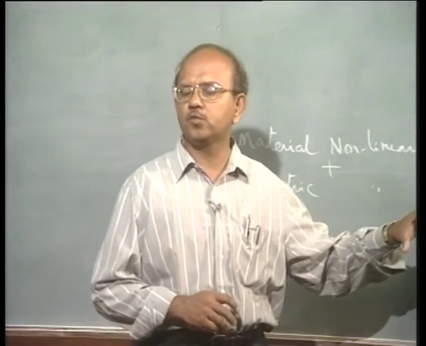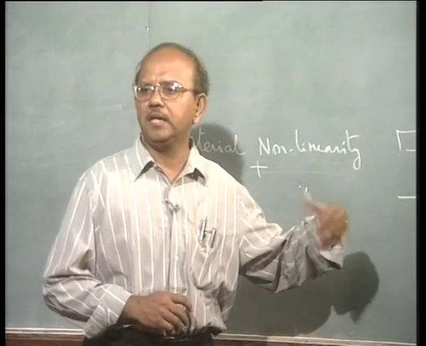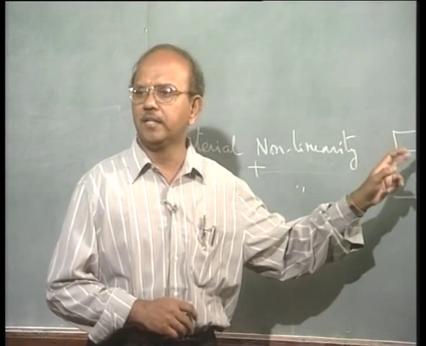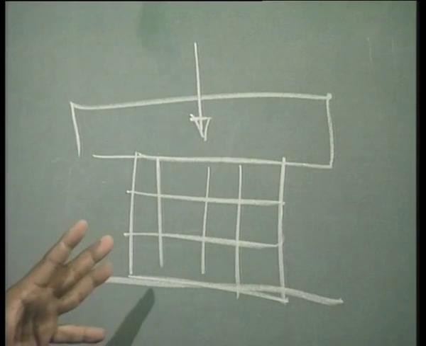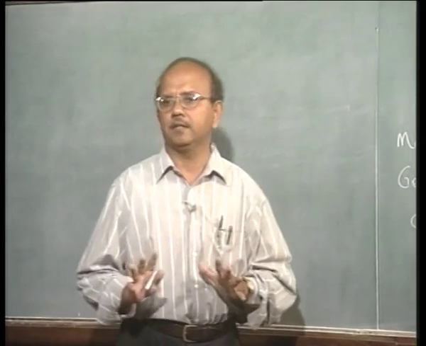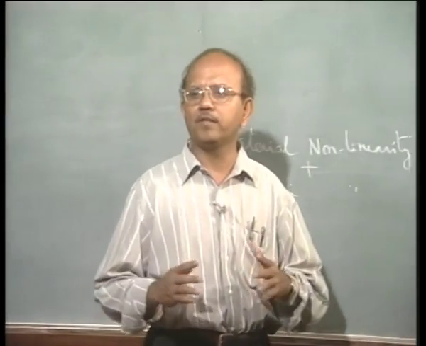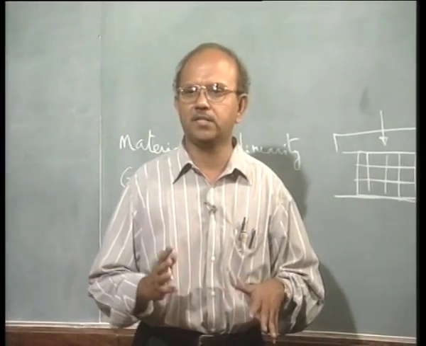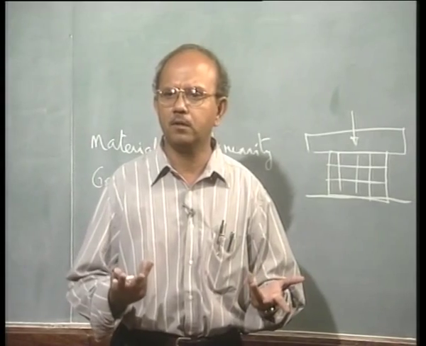There are zones where the yielding has taken place, and when I release it, it will get into a permanent set. Now the strains during this permanent set will definitely be larger than what you will have in the elastic strain. Elastic regime strains will be very small.